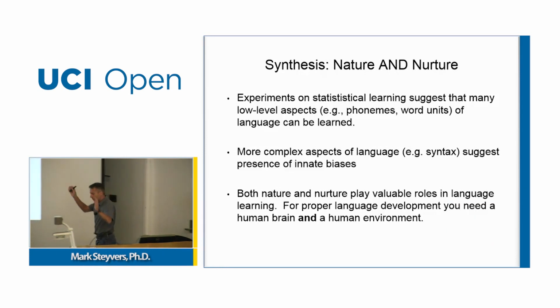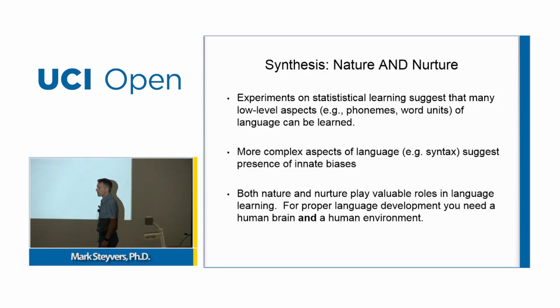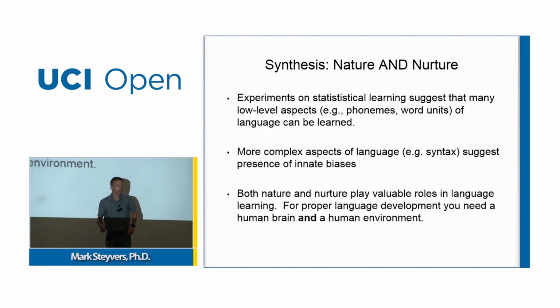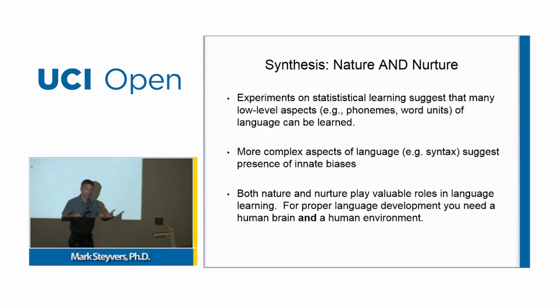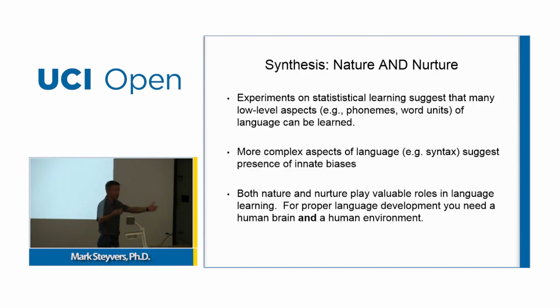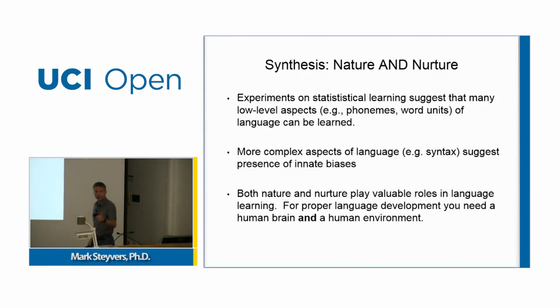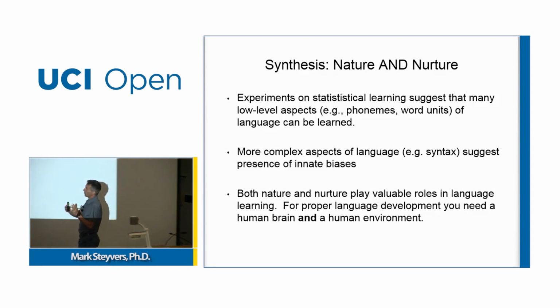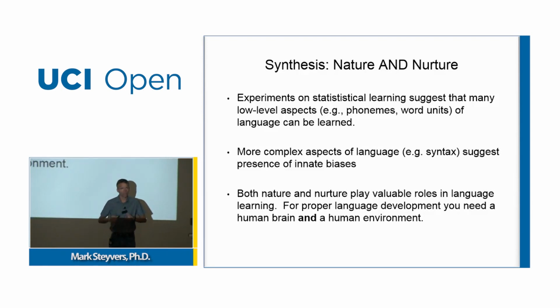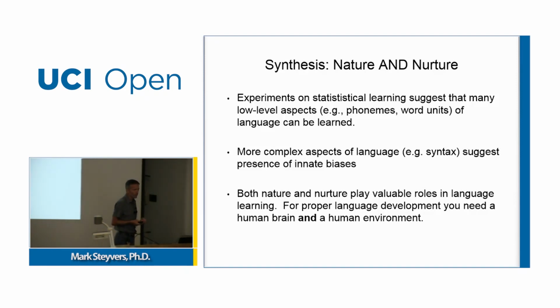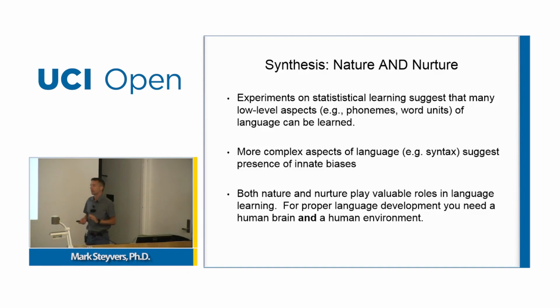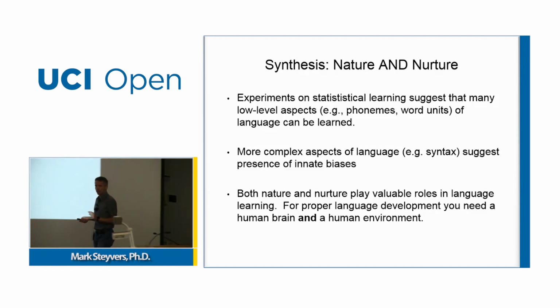Now, to put all this together, there are some aspects of language which can be learned from very simple rules, and just by exposure to statistics. We can learn the sounds of a language. We can learn the words of a language from very simple statistical learning rules. And there's considerable debate about what is required to learn the syntax of a language.